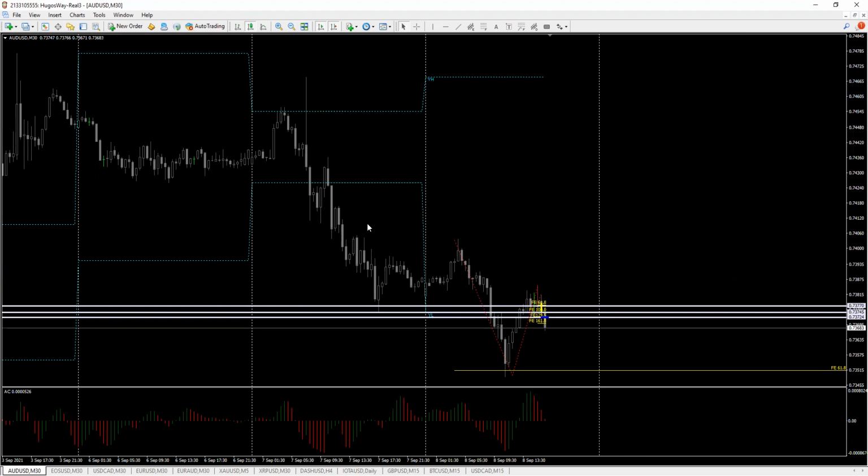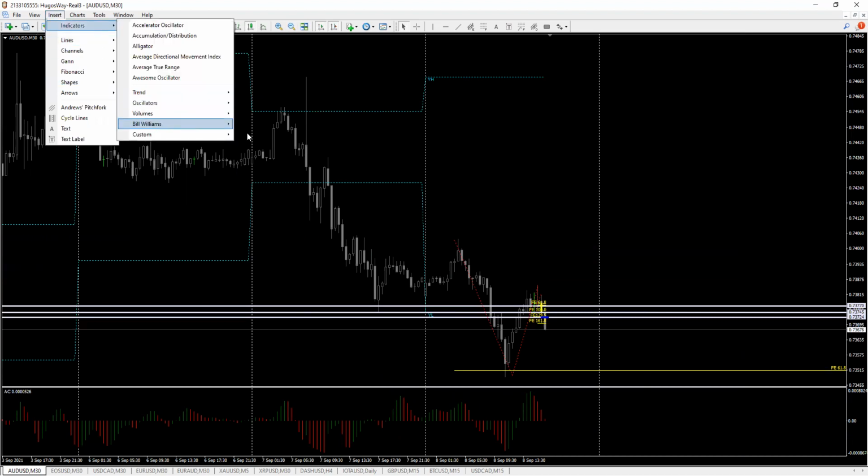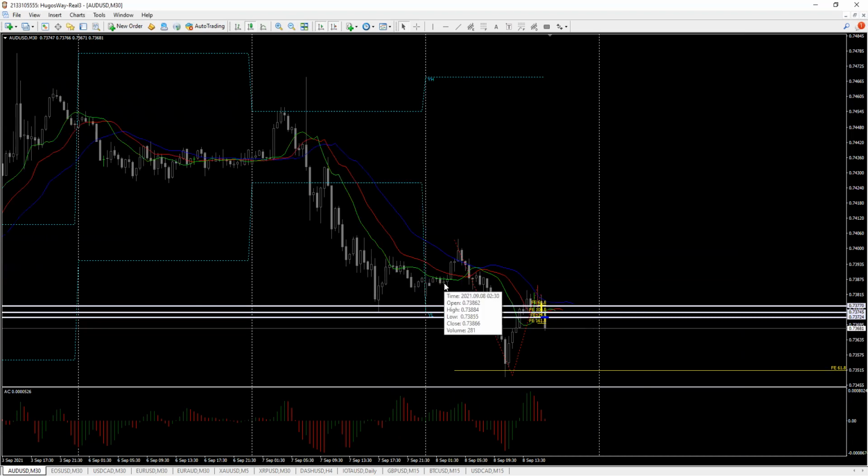So with the alligator, it moves a little bit faster. If you look at the crosses of the alligator, the signal for the alligator is when price crosses above the green and the blue, or the green and the red. I think the blue is the last one, but I know when it's above the first two lines that it's confirmed. And the accelerator is basically like a noise chart.